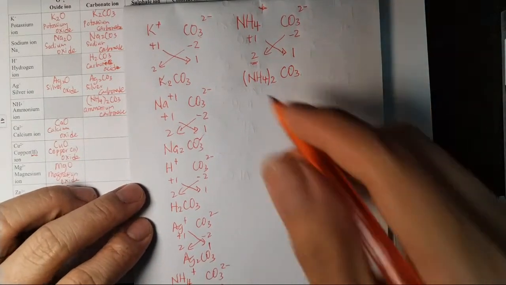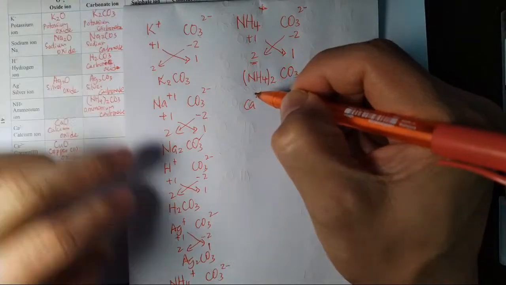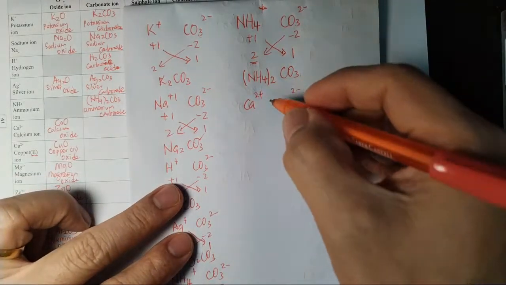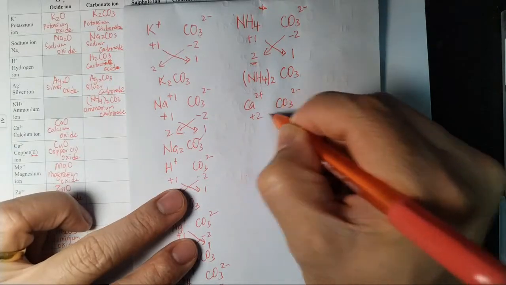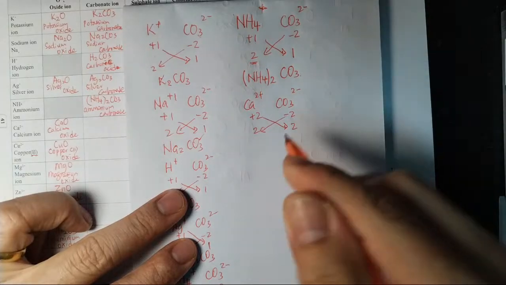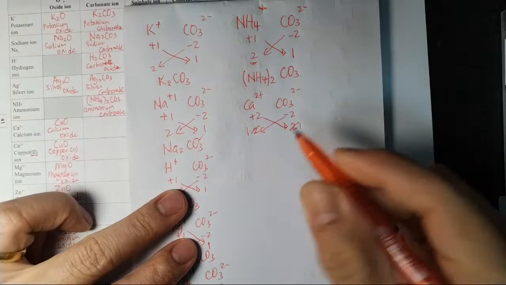Okay, next we continue. Calcium carbonate. Okay, we take down positive 2, negative 2. So interchange 2, 2. Okay, so comes to the same number, we have to simplify. Don't forget.